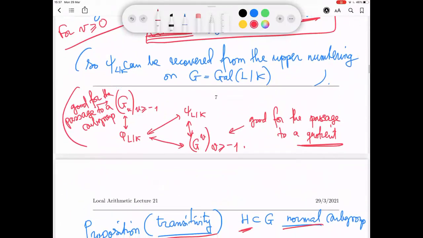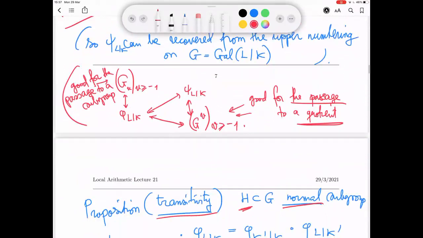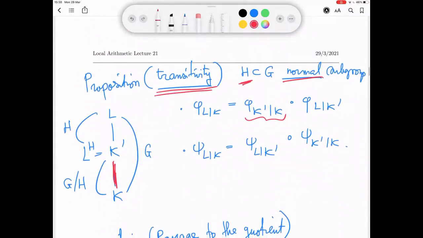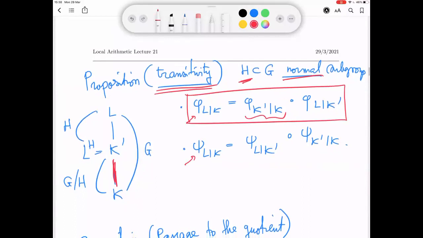And similarly, we are going to show that this upper numbering is good for the passage to a quotient. But for the time being, we are proving this basic property of these functions phi and psi, which is the transitivity. So this is the transitivity for phi, and this is the formula which expresses the transitivity for the function psi.